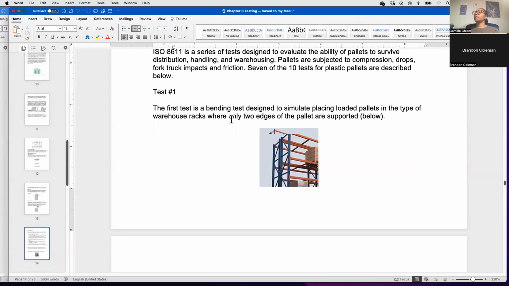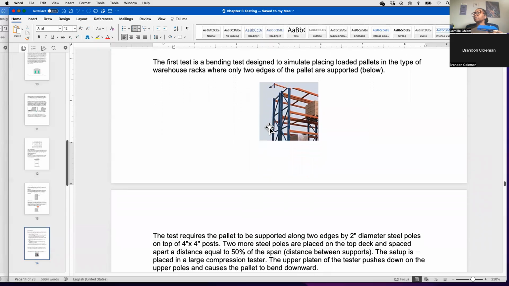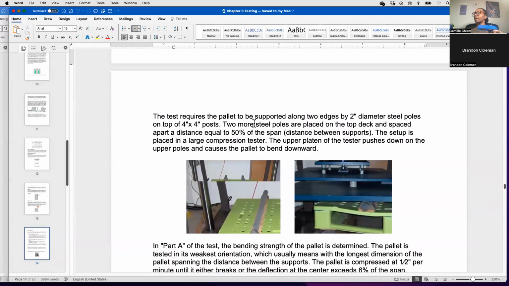Okay, so this one is when you're looking at racking that can only hold two edges of the pallet. So like here and here, pretend this is a rack and it's only holding at these points. And you can see it's a compression test.